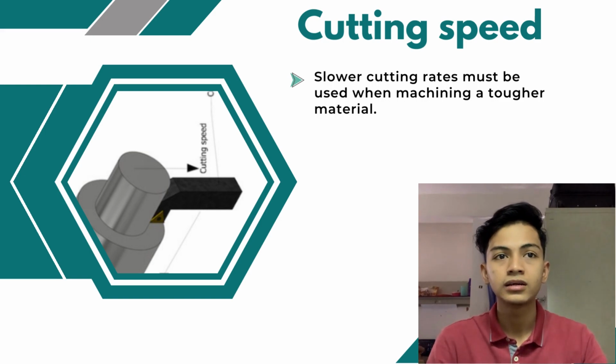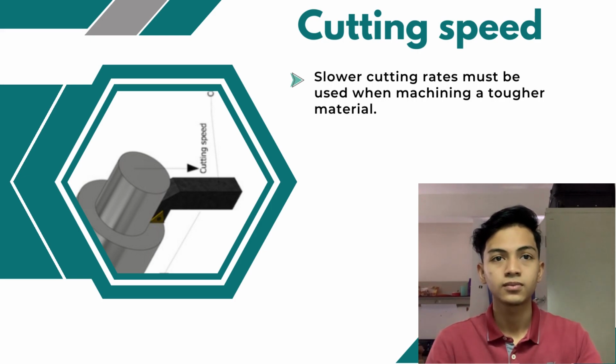Where neither the workpiece nor the tool spins, the translation velocity of the cutter or the workpiece provides the required cutting speed. The proper cutting speed must be maintained to provide the greatest result from the CNC machining process.